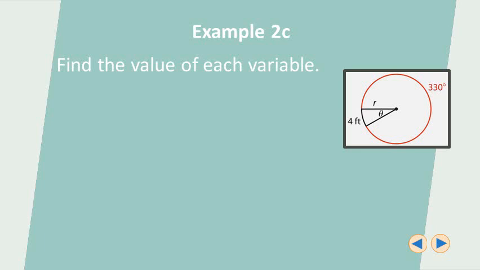Now they want us to find the radius. So again, we find theta by subtracting the major arc from 360. Then we plug that in. 4 is our length. Our theta is 30. And we need to find the radius.